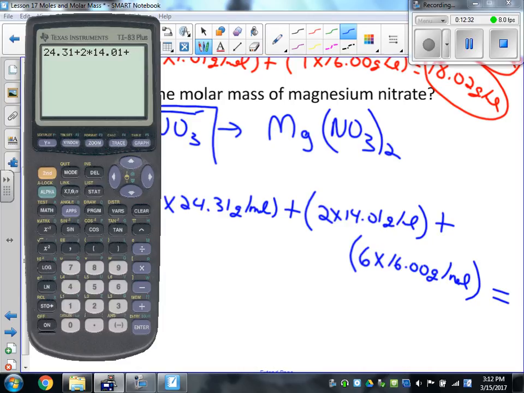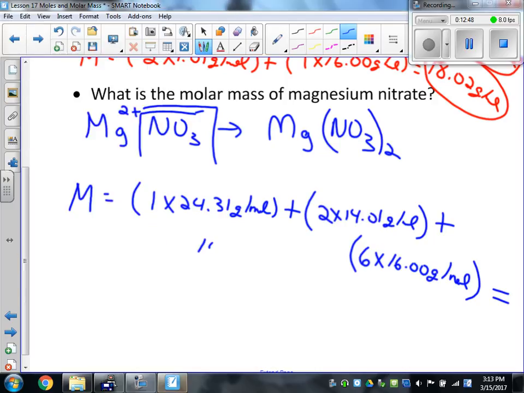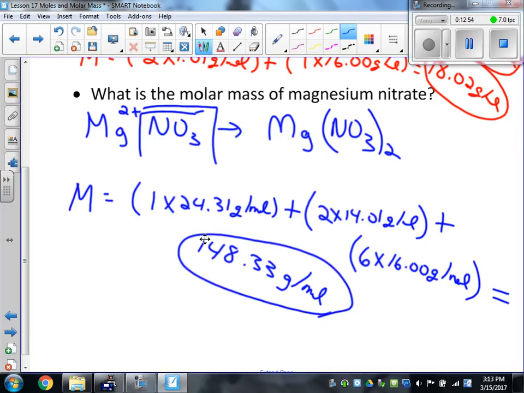It is not smart enough to do division correctly all the time, though. That's why you needed brackets yesterday around 6.02. 6 and 16, which is actually 96. And you should get 148.33 as your answer here. And once again, don't forget to put grams per mole. Okay?